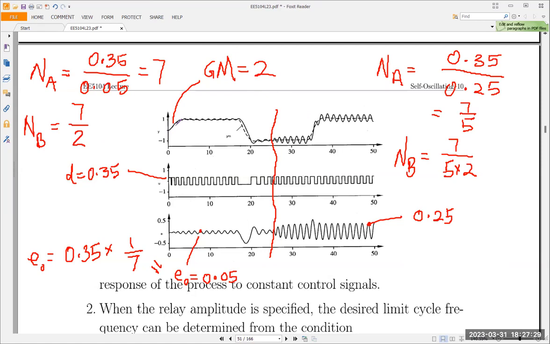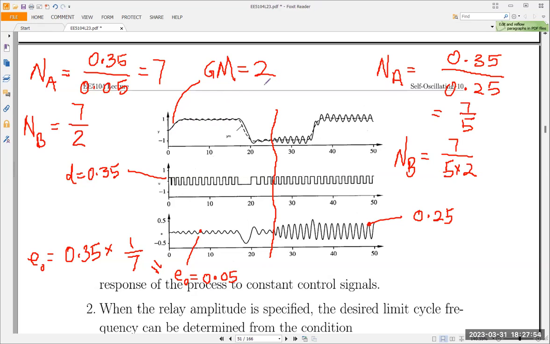If the gain margin is maybe 10, then you will see it will be very sluggish, very, very slow. Or if the gain margin is very, very small, maybe 1.1, then you will find that it is very oscillatory. All right. You may forget your classical control, but this is classical control.